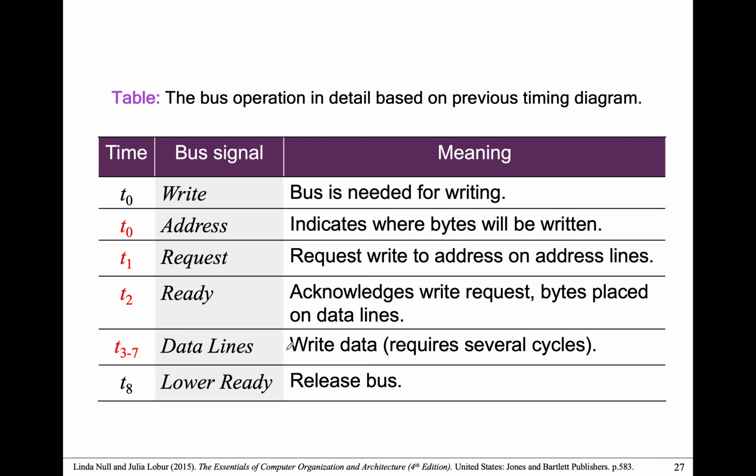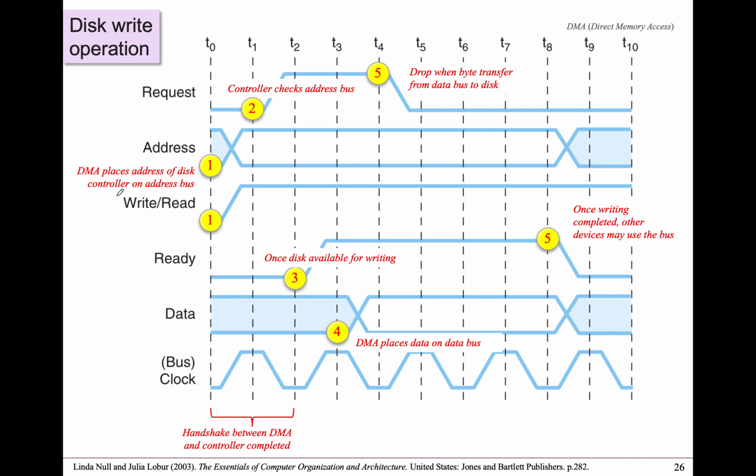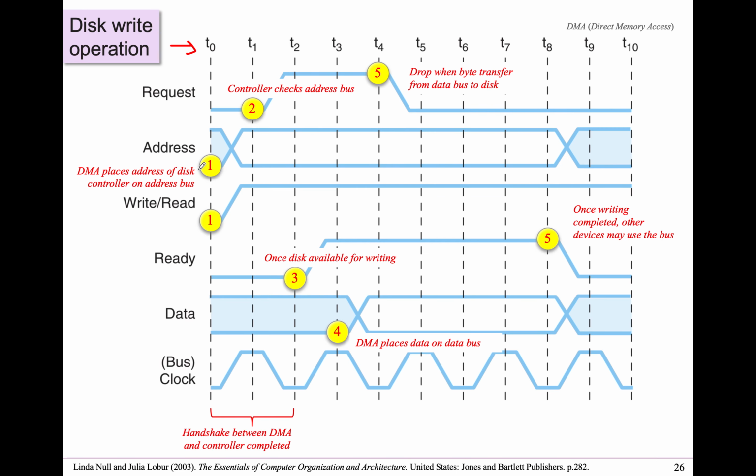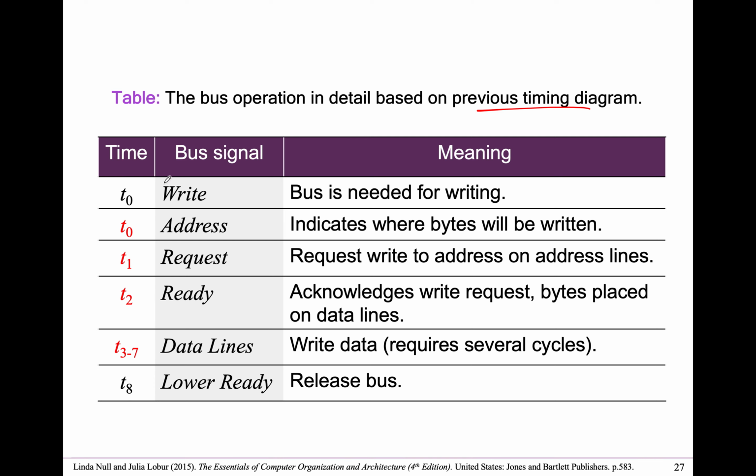Okay, the bus operations in detail based on the previous timing diagram. You have the time on top, and what kind of bus signal is being used. Let's say for the first, this is the address bus, right?